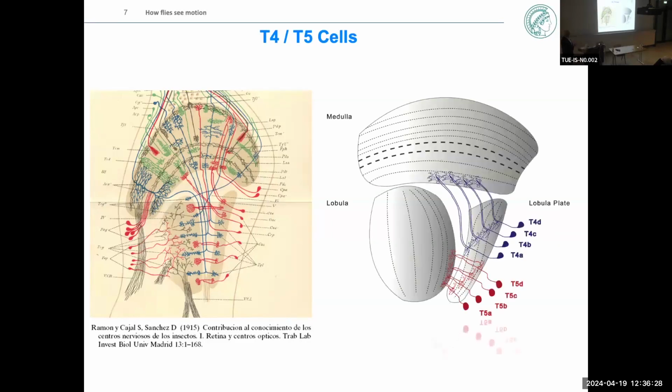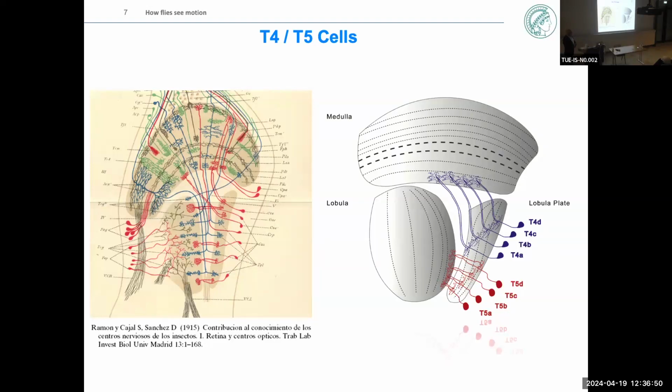Now, meanwhile, we know that T4 and T5 cells consist of 4 distinct subtypes, which all have the dendrites intermingled here in the respective layers, but send their axon terminals into one of the 4 distinct layers of the lobular plate.